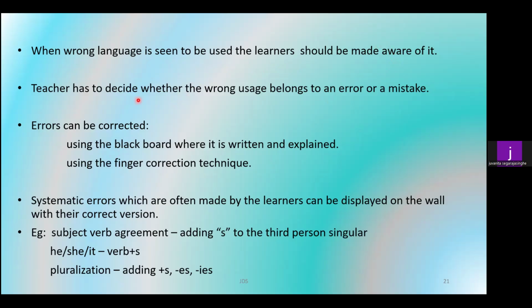Teacher has to decide whether the wrong usage belongs to an error or a mistake. How are we going to distinguish whether it's an error or a mistake? Just by observing once, is it possible for you to come to a conclusion whether this person is making a mistake, or is it an error that he is making?